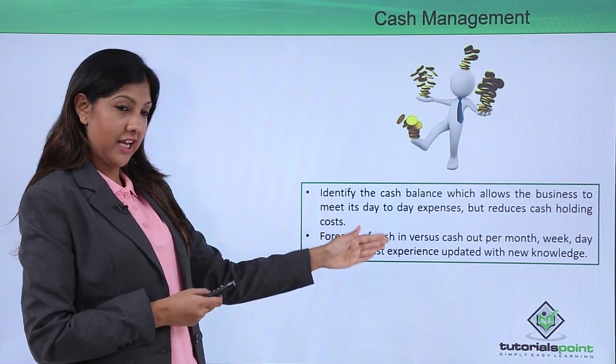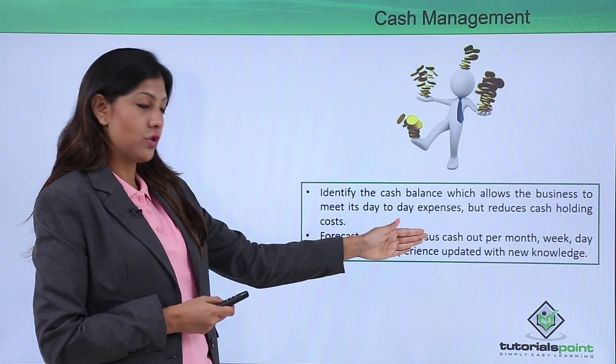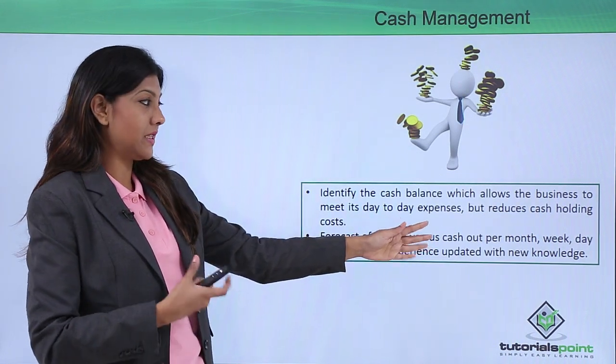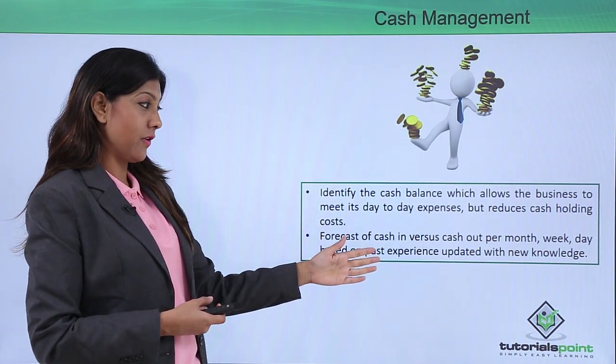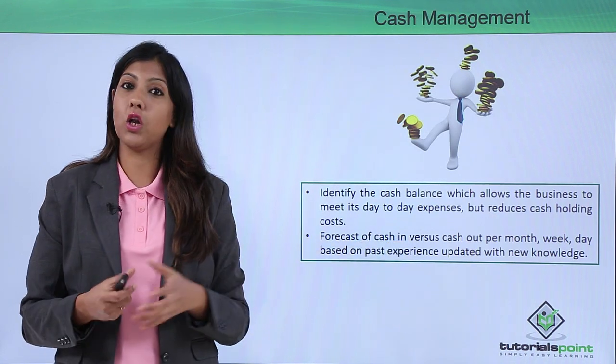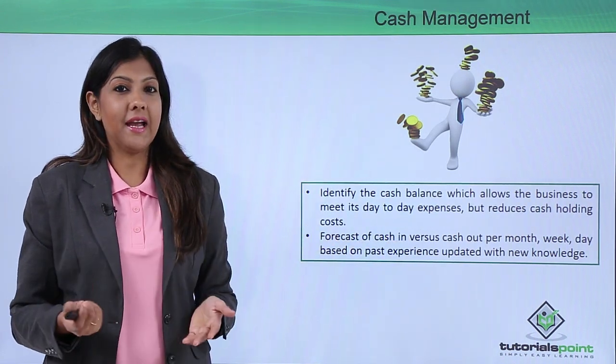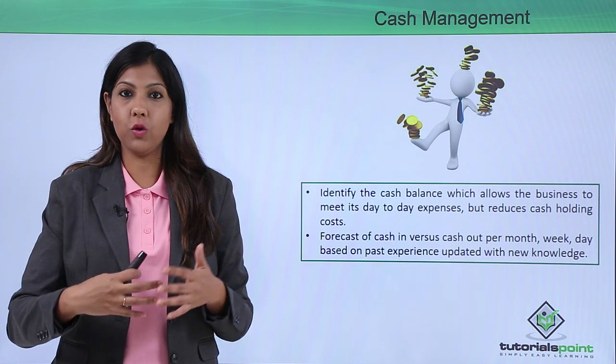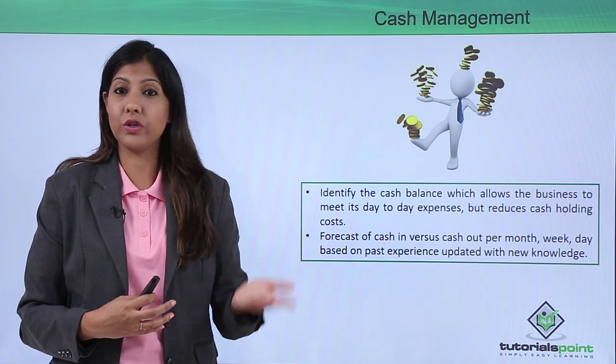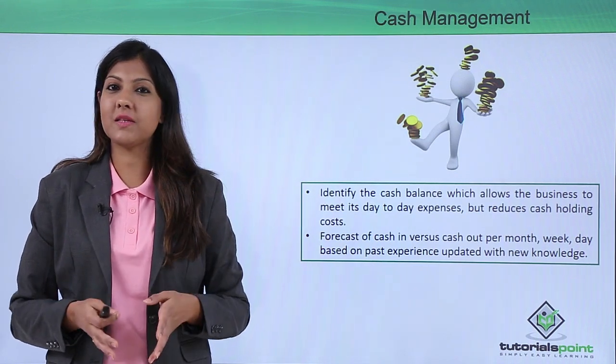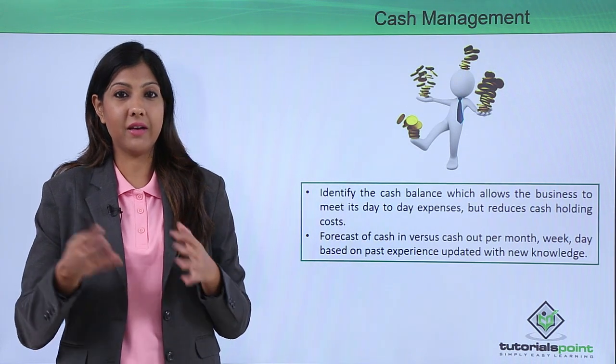Forecast cash in versus cash out per month, per week, per day, based on past experience and updated with new knowledge. So you need to plan ahead what the cash flow is going to be, how the cash is going to go out, what the day-to-day or week-to-week expenses are.